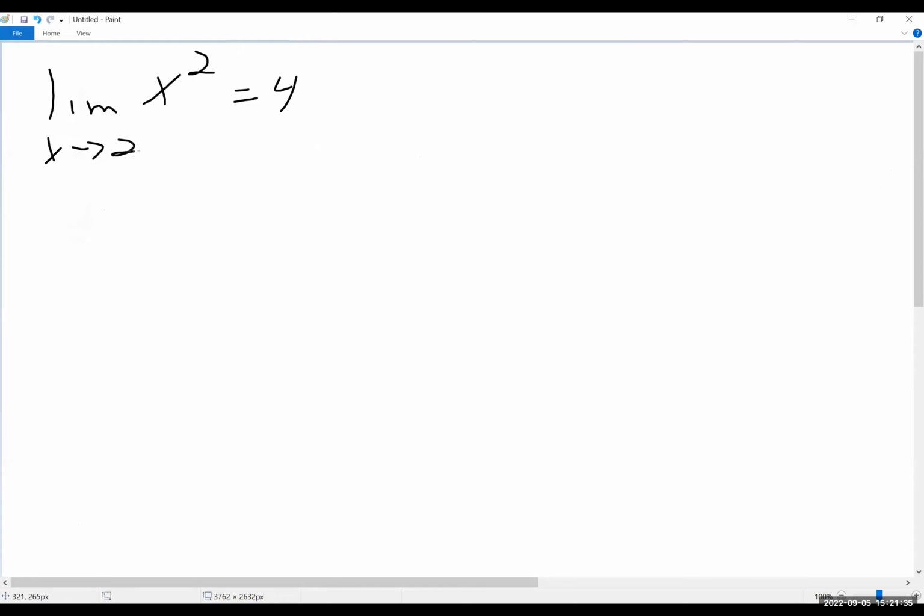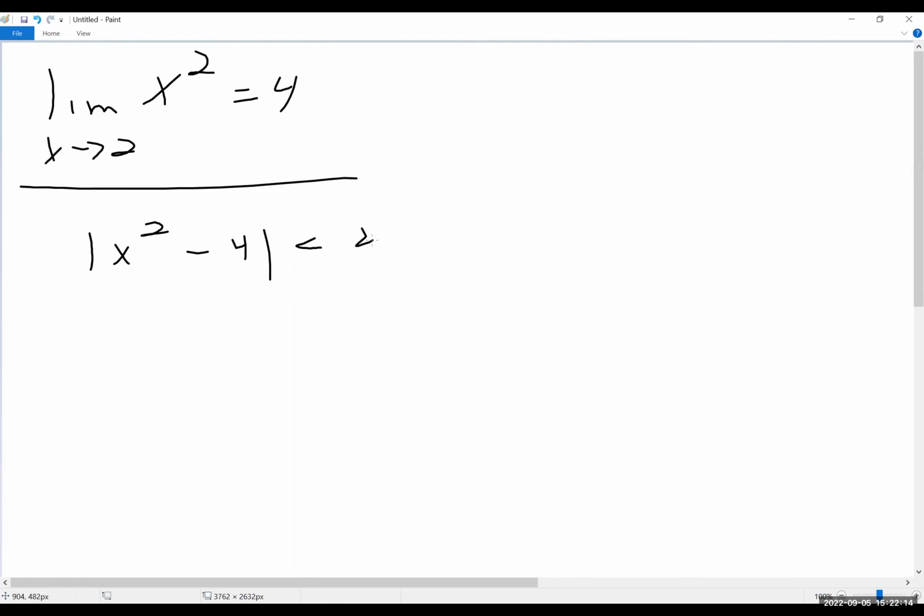So we're gonna have to do some scratch work again to figure out what the delta is. And so what we'll begin with in this case, to help us figure out what delta we want, is to write down the relationship that we are hoping to arrive at, that this is less than epsilon.